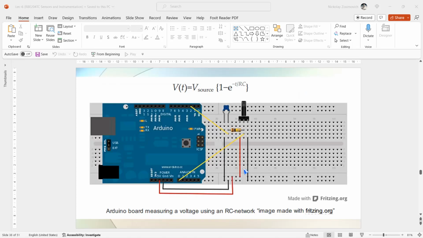This figure shows an Arduino board with breadboard and an RC network of near 100 nanofarad and 100 kilohm, and a potentiometer as analog sensor of voltage source.